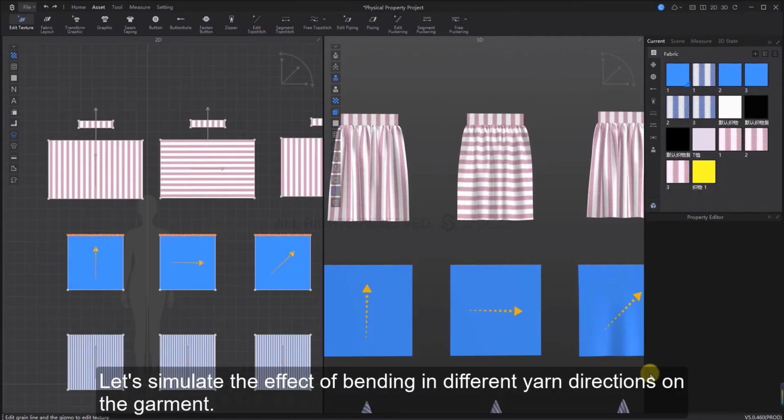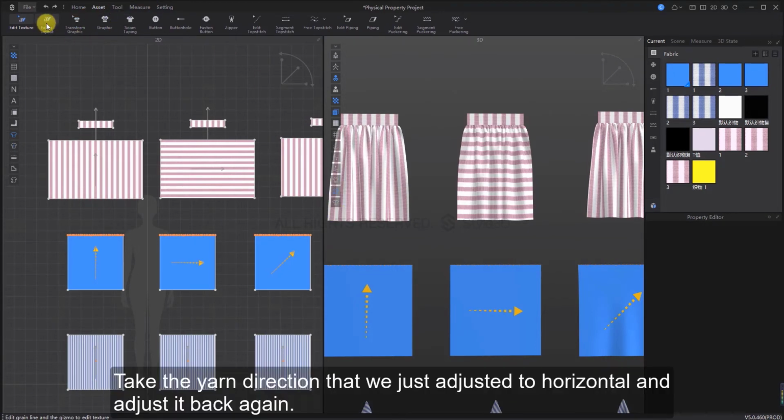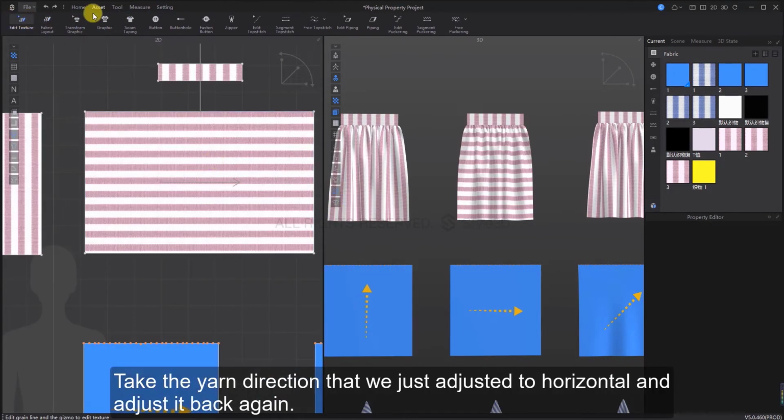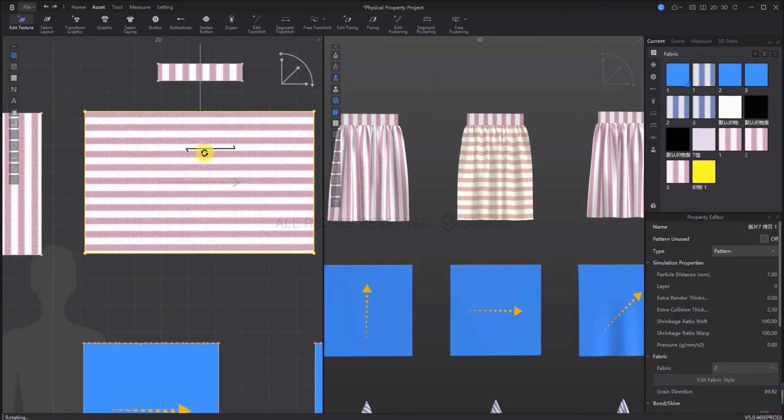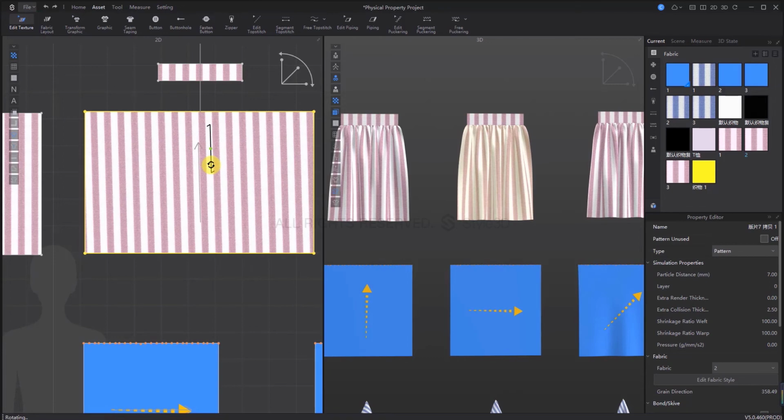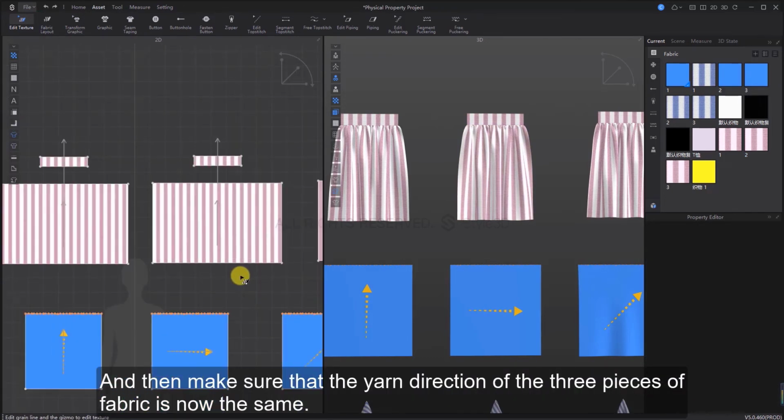Let's simulate the effect of bending in different yarn directions on the garment. Take the yarn direction that we just adjusted to horizontal and adjust it back again. And then make sure that the yarn direction of the 3 pieces of fabric is now the same.